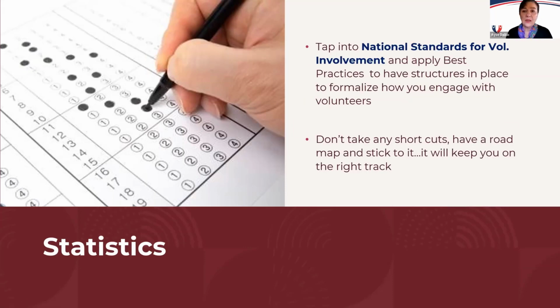Thanks. If we tap into the national standards for engaging with volunteers, we'll actually get a lot of benefit out of having a formal setting where we've got volunteers and receiving their documentation from whichever organisation they've chosen to engage their time with.